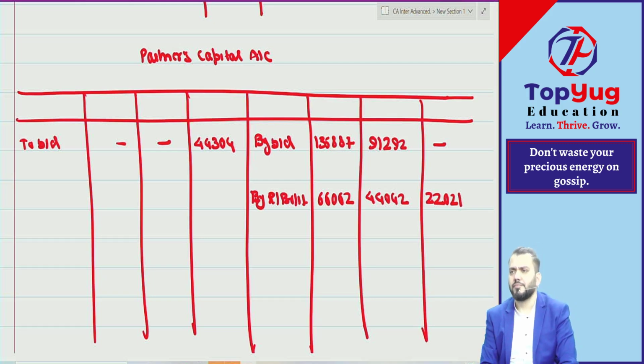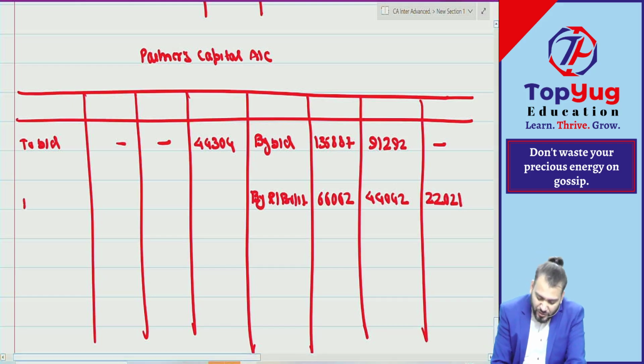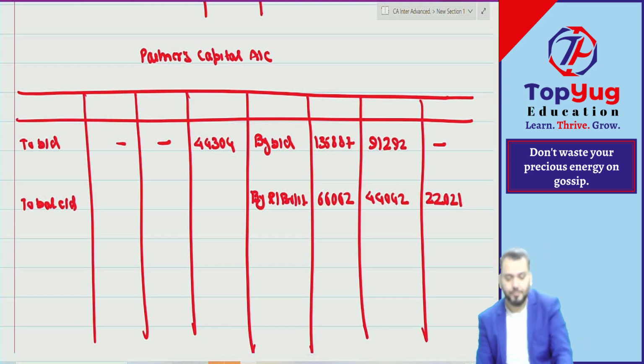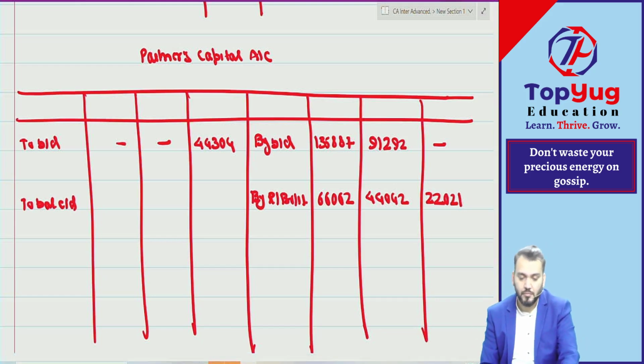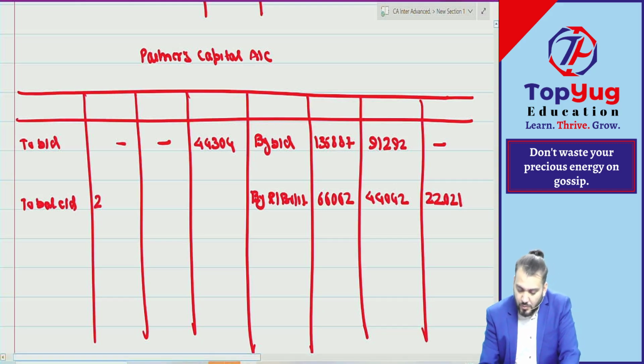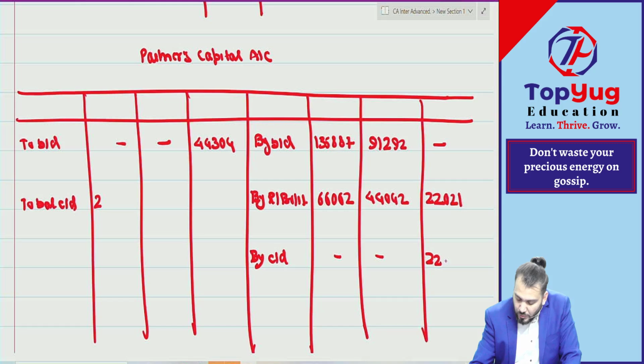Correct. Correct. Can you give me once to balance carried down? How much? So by balance carried down how much? 22,283.